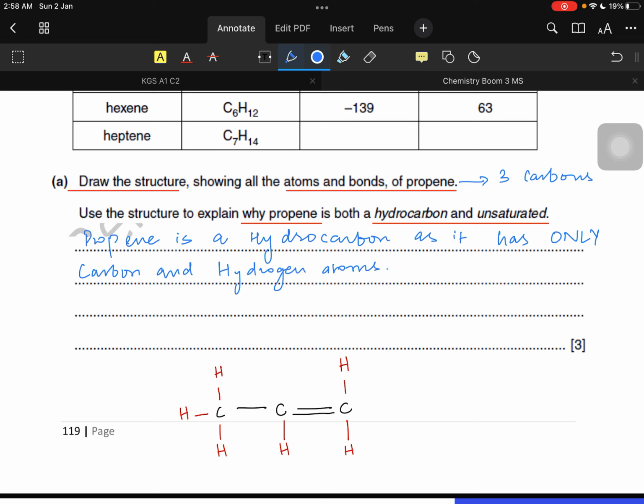It was really important to say the word only, because there are so many compounds with carbon, hydrogen and other atoms. But you mentioned that it is only carbon and hydrogen atoms and no other atom. So that's why it's a hydrocarbon.